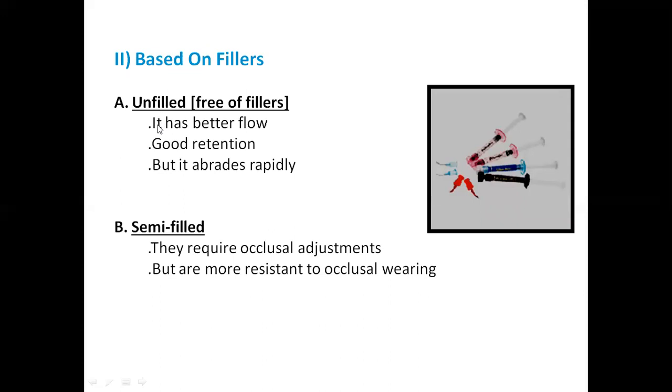In unfilled sealants, there is better flow because they are free of fillers. They have good retention, but they abrade rapidly because of lower strength. Semi-filled sealants have fillers. They require occlusal adjustments, and they are more resistant to occlusal wear.